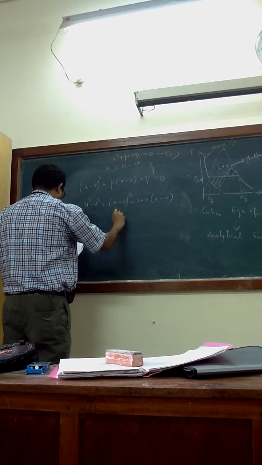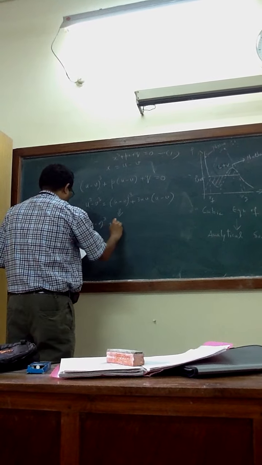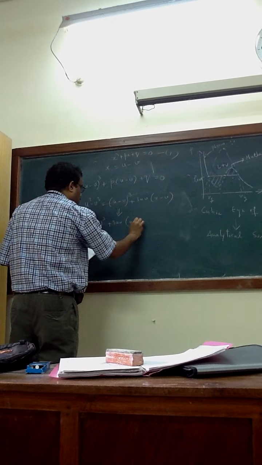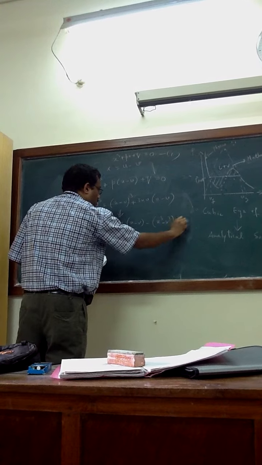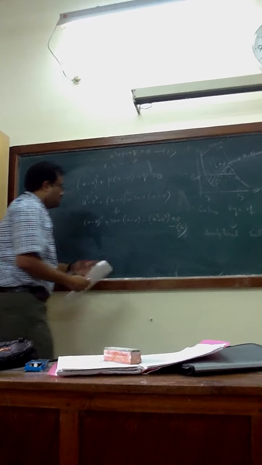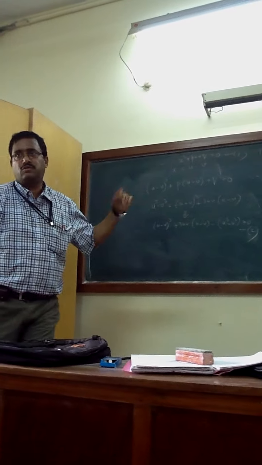And from here you can write (u − v)³ + 3uv(u − v) − (u³ − v³) = 0. Equation number 2. This is my more fundamental equation, the formula of u minus v, u³ minus v³.